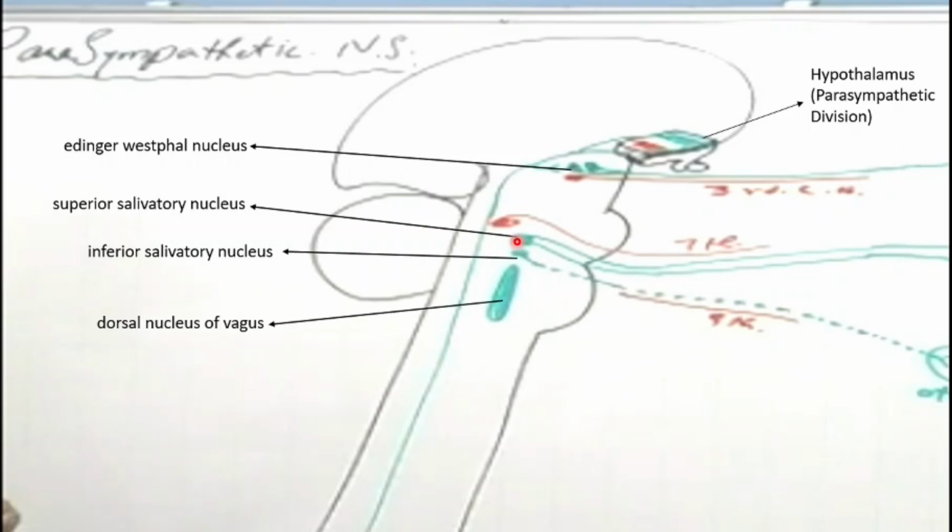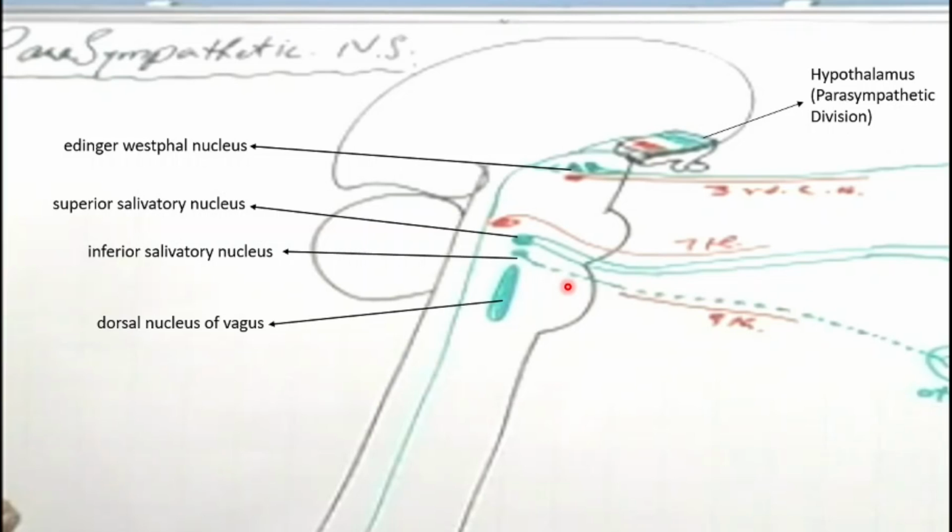So these are the cranial nerves which come out from the brain, and their nucleus are known as the cranial nerve nucleus. As there are four cranial nerve nucleus, it means that the parasympathetic division is activating only four cranial nerve nucleus or four cranial nerves in the brain.